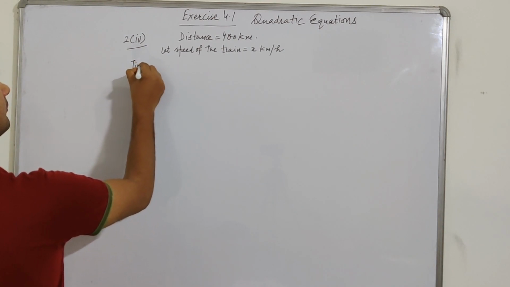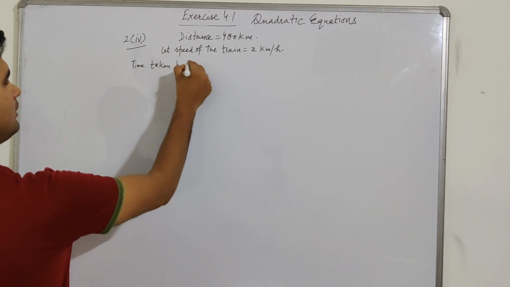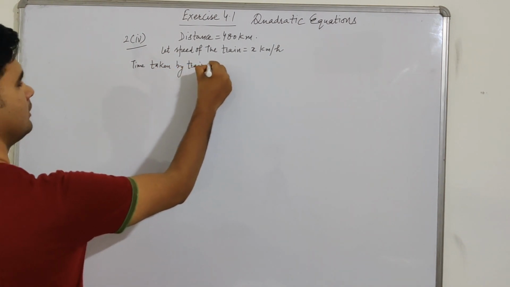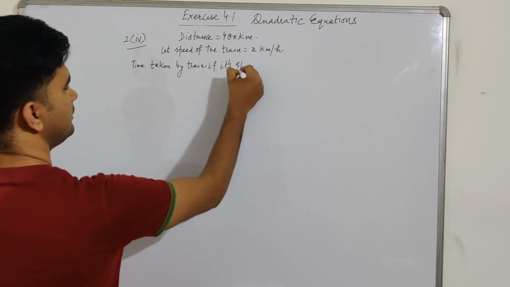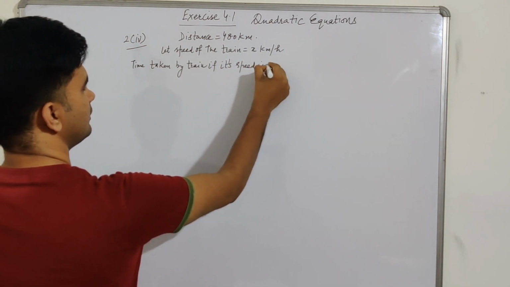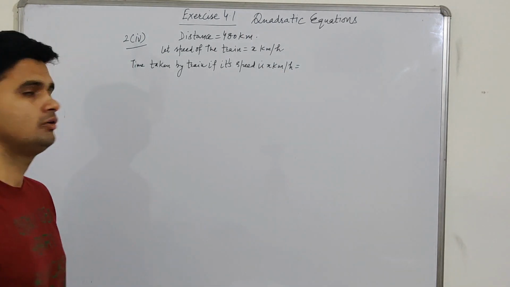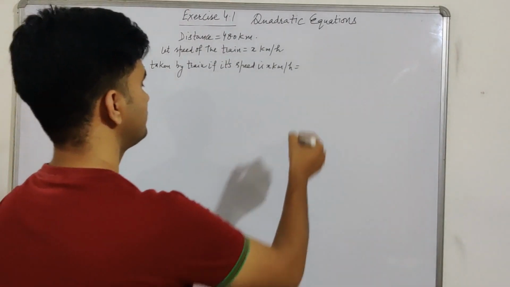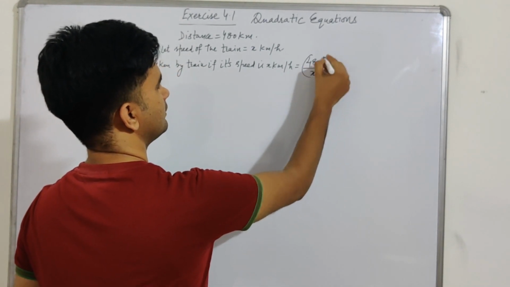Time taken by the train if its speed is x kilometer per hour. You know, time is equal to distance upon speed, so 480 upon x hours.